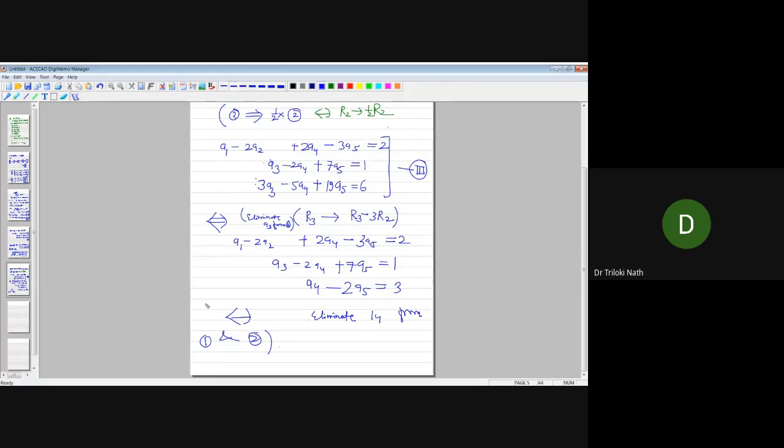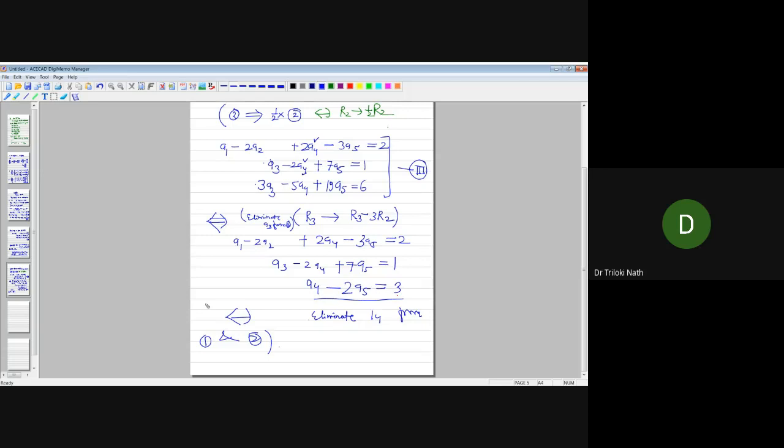Now you can see a4 everywhere, here, here, and here. So you can eliminate a4 from any of these. You cannot eliminate a4 from equation 3 using the others, because that will involve a1 or a2. It is easy to see that using equation third, you can eliminate a4 from 1 and from 2.